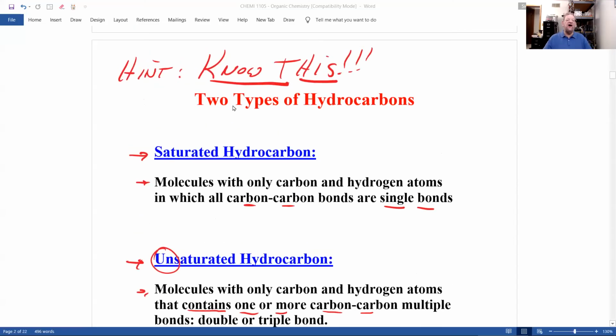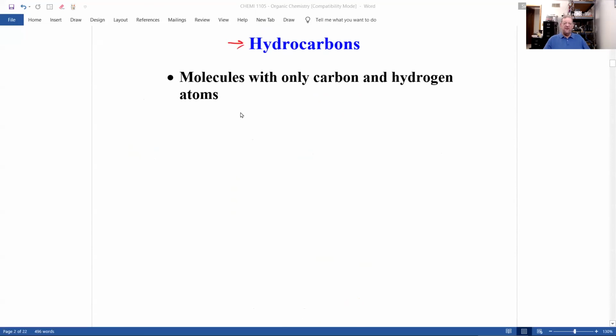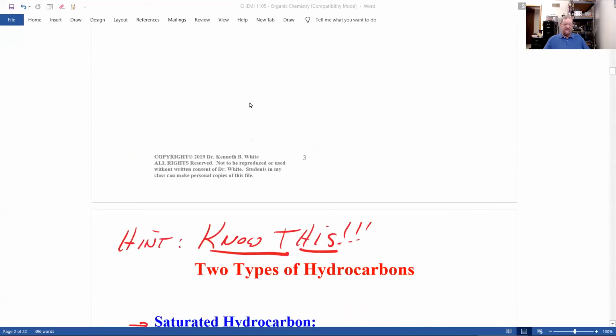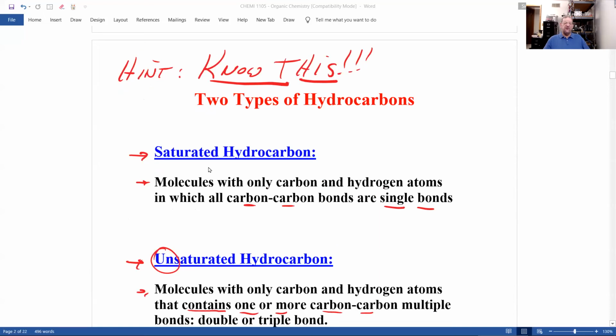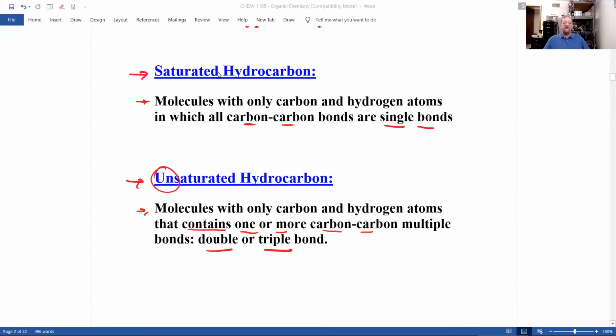So there are hydrocarbons, molecules with only hydrogen and carbon. There are two types that you should know. Saturated hydrocarbons: because it's a hydrocarbon, it has only carbon and hydrogen atoms, but because it's saturated, all carbon-carbon bonds are single bonds.